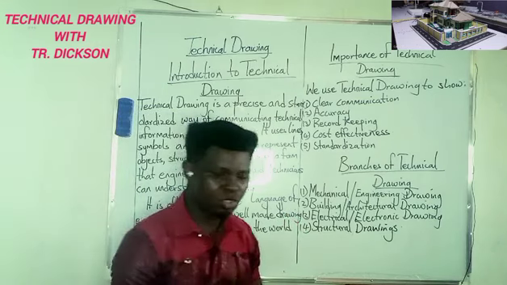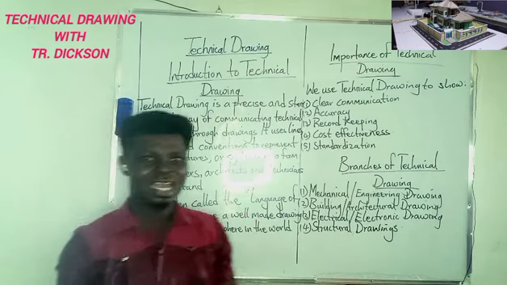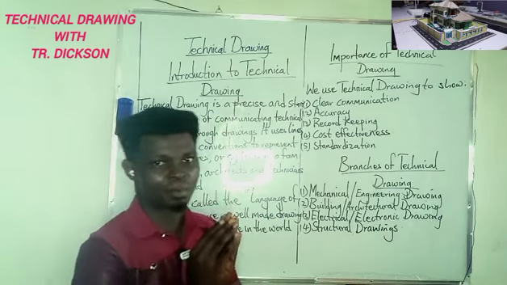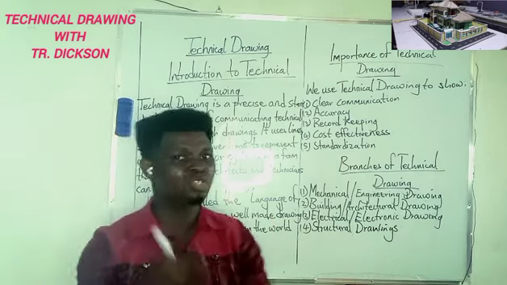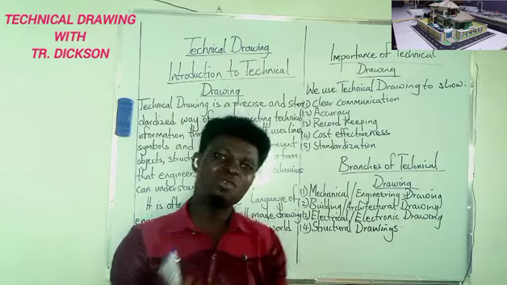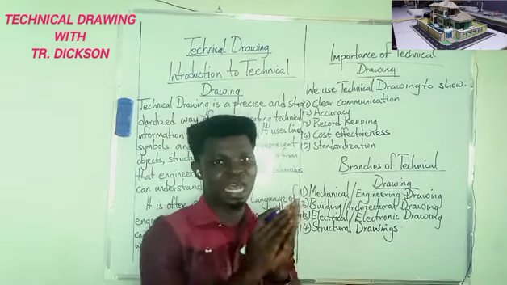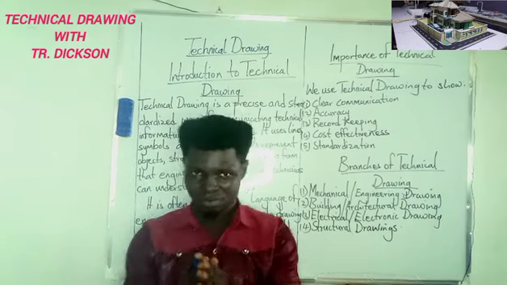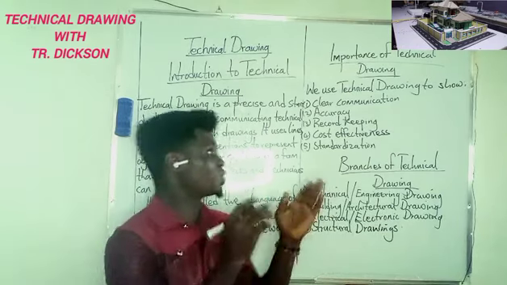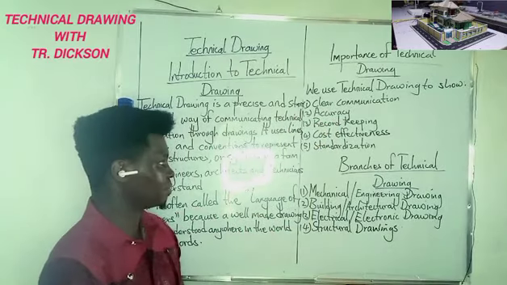So I am using my pencil, my ruler, my T-square, and other instruments, and I'm drawing something. That thing I'm doing, I am trying to communicate to a person who is going to produce the real object. So the person will follow all that I've drawn, the diagram itself, the dimension and projection, everything he has to understand. That's why we say it shows a clear communication.